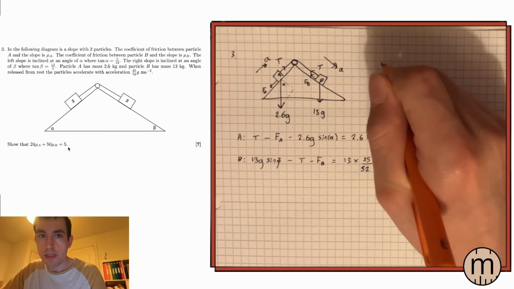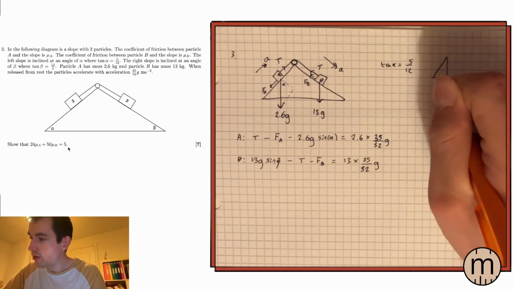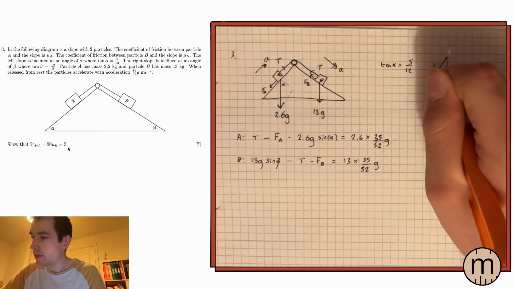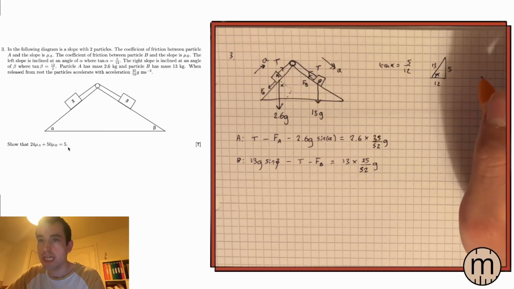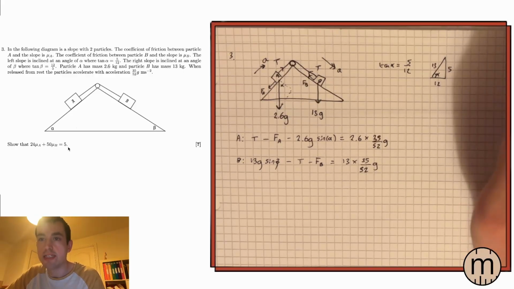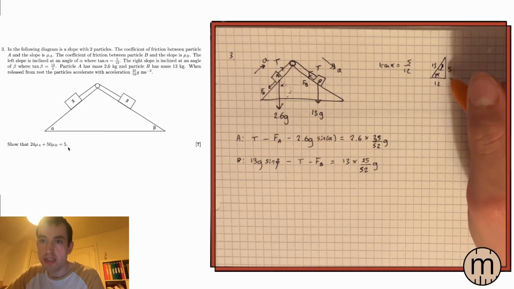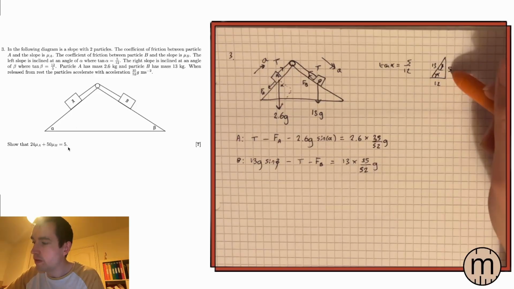Well, because we know that tan alpha is equal to 5 over 12, we can draw a little triangle. This is alpha, 5 over 12. This is a 5, 12, 13 triangle. You might recognize it, you might not. It's the 3, 4, 5 triangle's lesser known cousin. Well, beta is actually going to be just up here. It's in the same triangle. This is a 90-degree triangle because beta is here, 12 over 5.